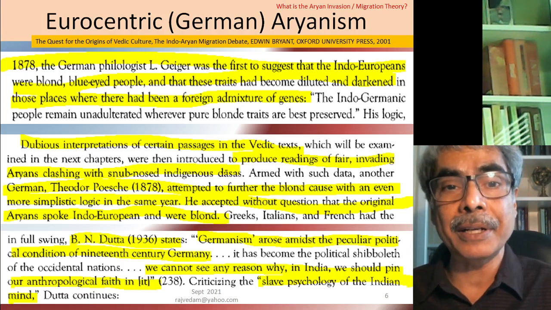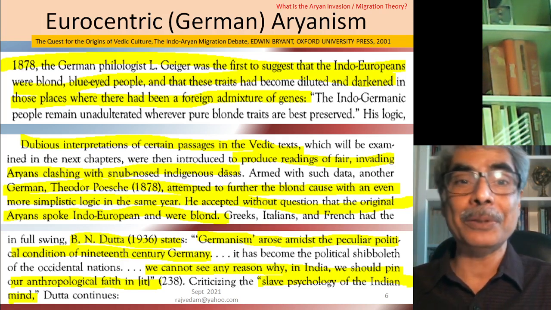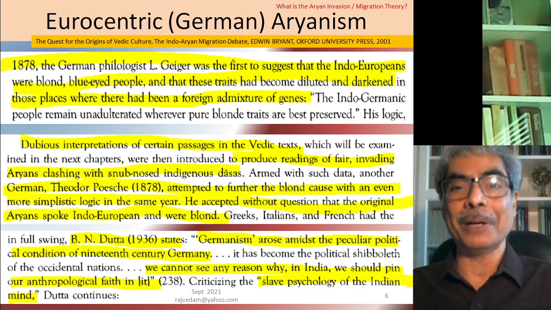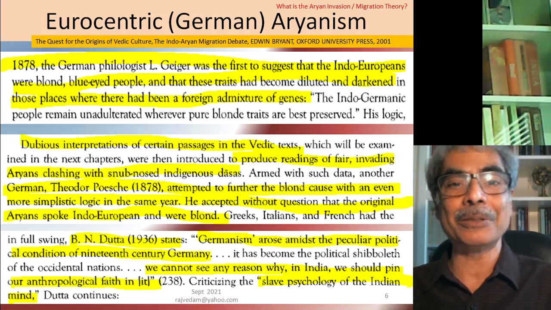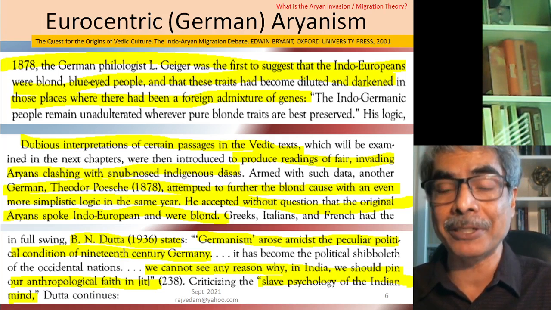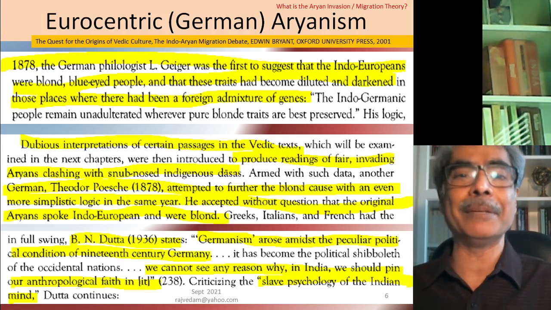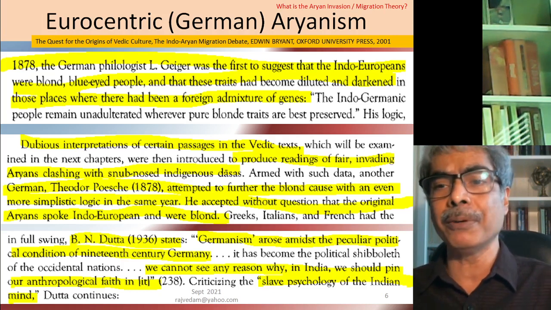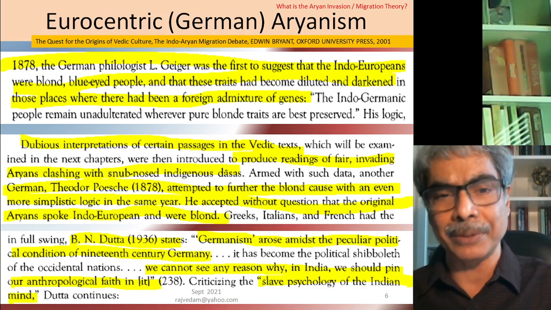In 1878, this German philologist, Geiger, was the first to suggest that Indo-Europeans were blonde, blue-eyed, and these traits had become diluted and darkened in those places where there is a foreign admixture of genes. Now, how that comes about from linguistic analysis is anybody's guess. Anyway, this was pulled out of a hat, and this somehow became received wisdom going down the road.